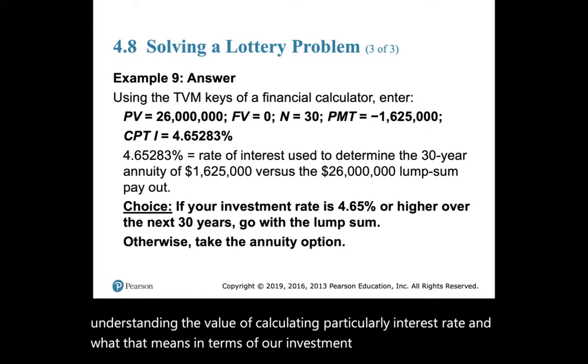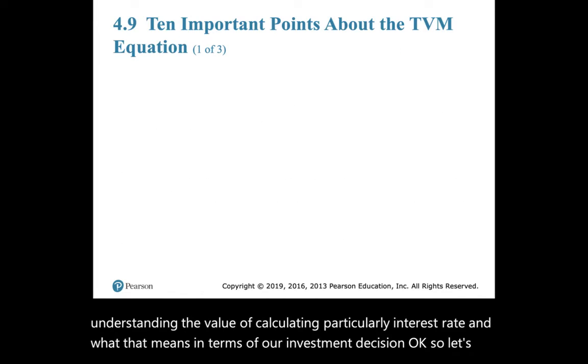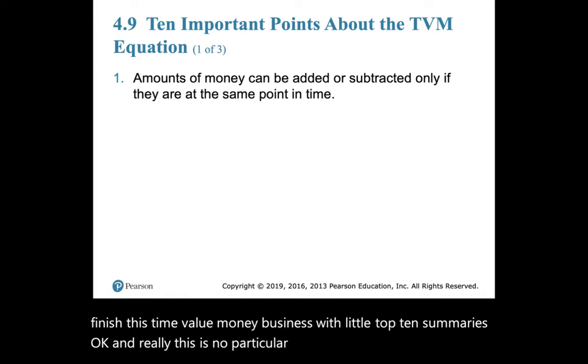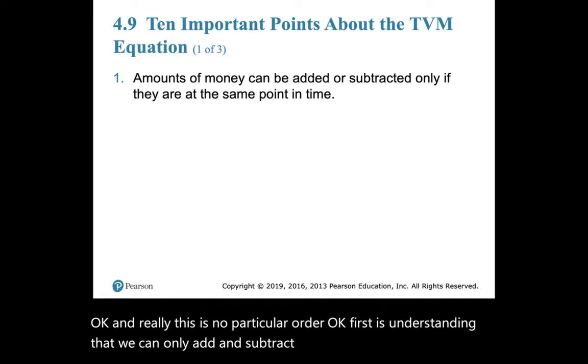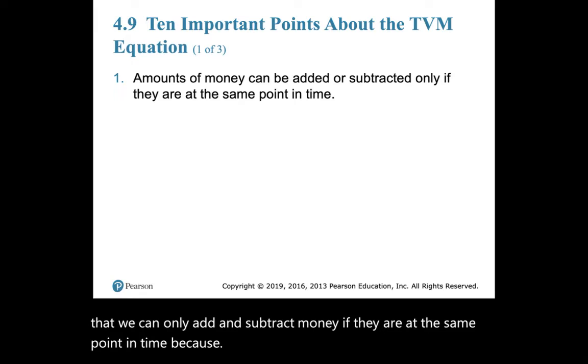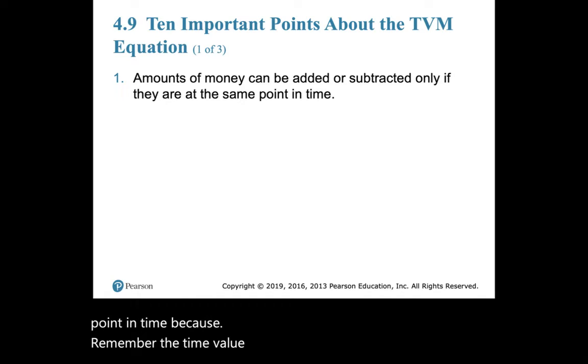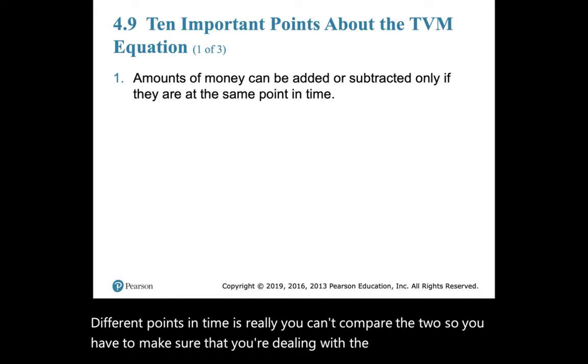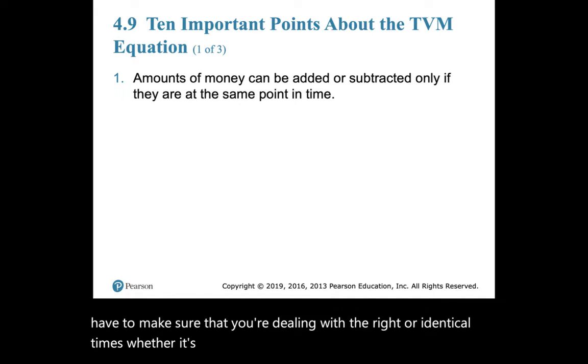Okay, so let's finish this time value of money business with a little top 10 summary, in no particular order. First, we can only add and subtract money if it's at the same point in time. With time value of money, different points in time can't be compared, so make sure you're dealing with identical times, whether future value or present value.